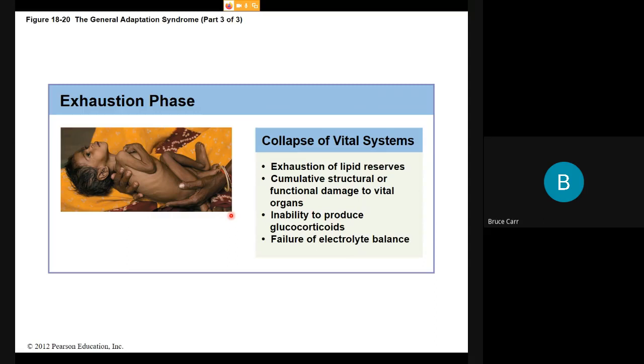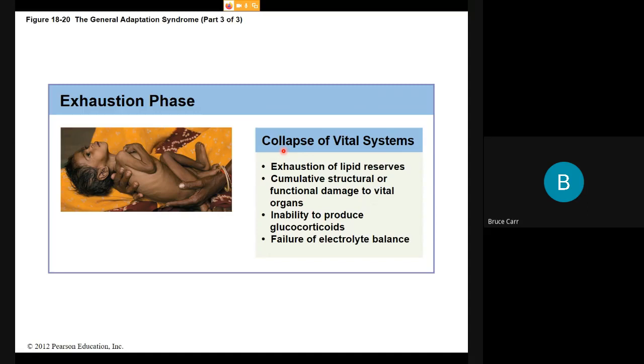You can no longer produce glucocorticoids. Your electrolyte balance starts to fail, and this leads to collapse. Now, during this time, the body's doing its best to regulate the blood flow to vital central organ systems and deprive those organs that are not so central to survival, but eventually you lose control of those and you die.